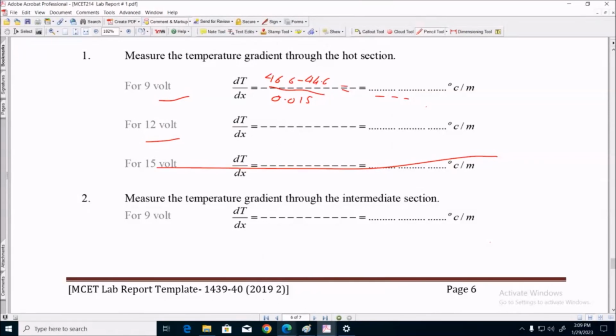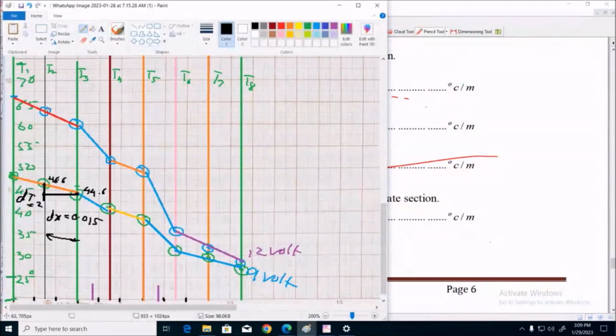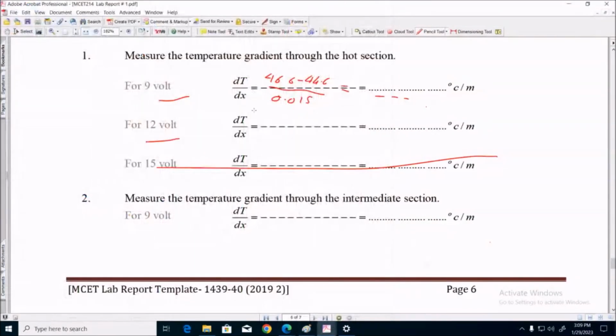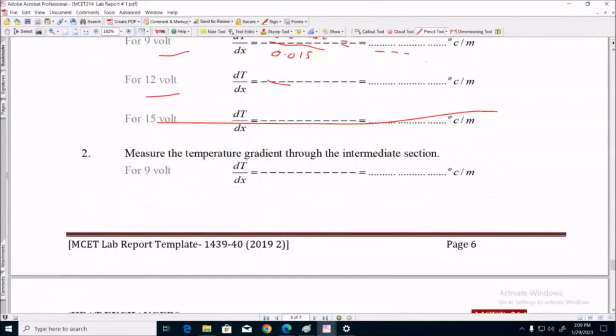I can choose here 2 points, one and this, and I can write the difference here dt and this is dx. So I can write here dt by dx. Okay, so goes on repeating for 9 volt.